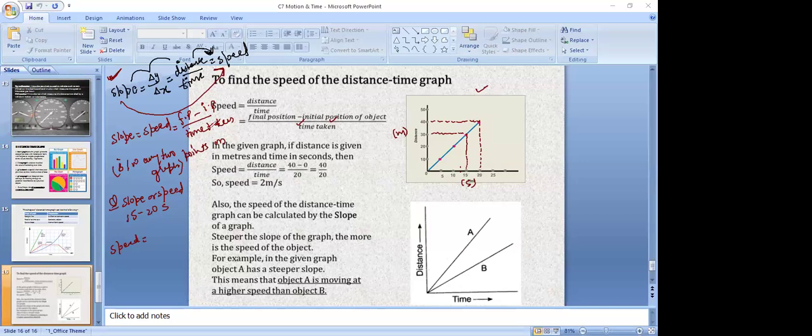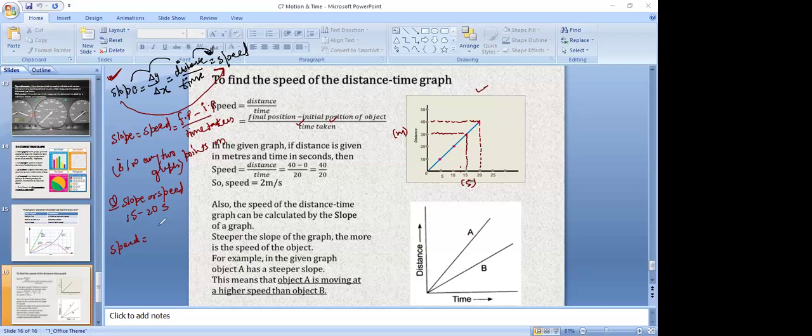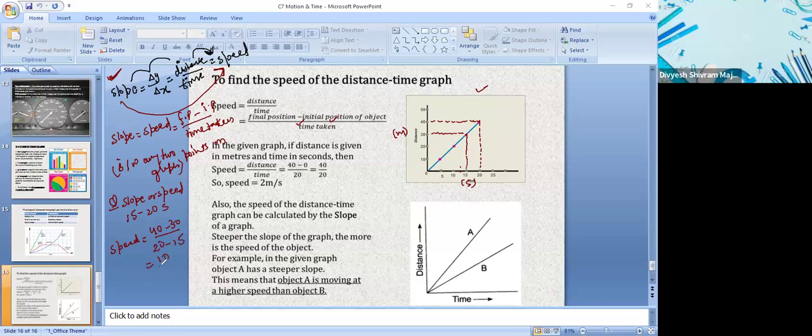So in the formula, right here, final time minus initial time. That final and initial are for those 2 particular points only that you have to consider. Ma'am, is it 2 meters per second? 40 minus 30 by 5 is 30 divided by 20 minus 15. Yes, ma'am. I also got 2 meters per second.